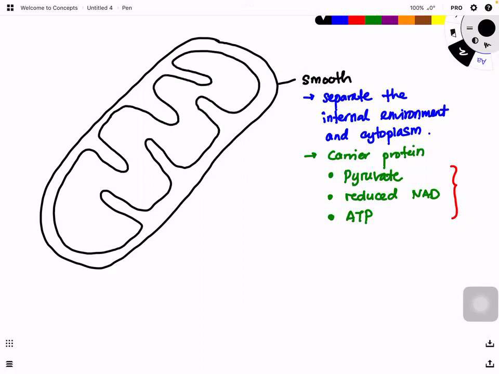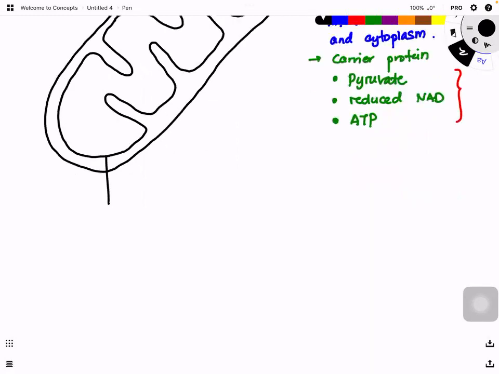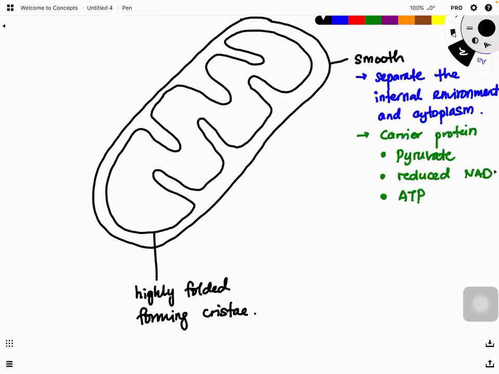So label, this is the inner membrane. The inner membranes are highly folded, forming cristae. If you point to cristae, how do you label a crista? You label at the folded regions there, okay, for cristae.